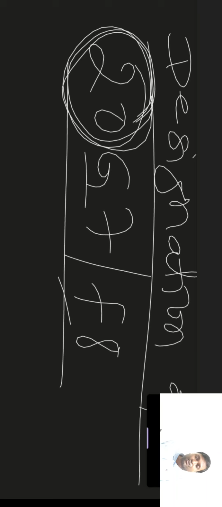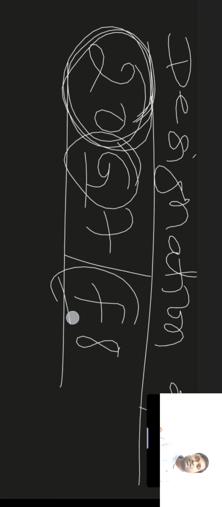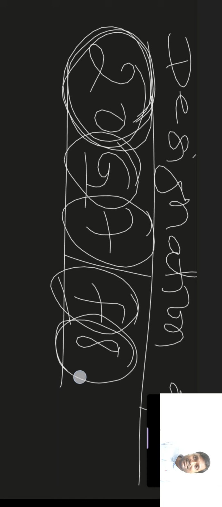Fundamental deviation for hole is capital G, and fundamental deviation for shaft is small f. Tolerance grade for hole is IT7, and tolerance grade for shaft is 8, meaning IT8. So in this way we designate the fit, meaning we are designating the hole and shaft.